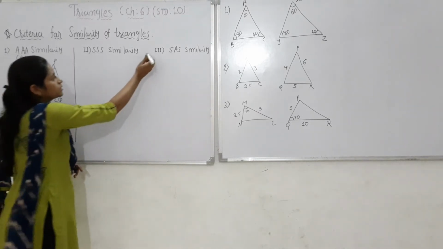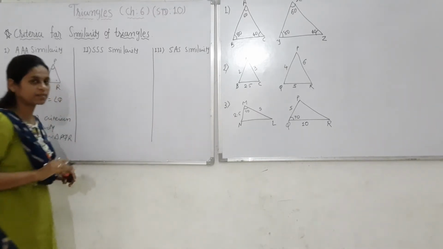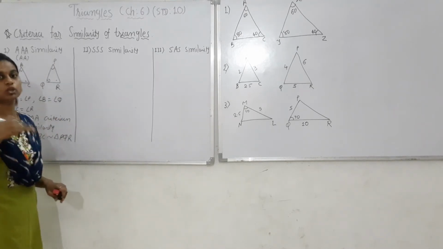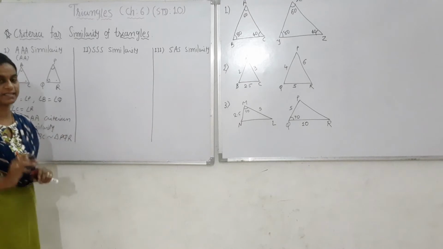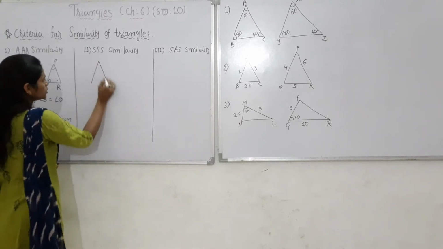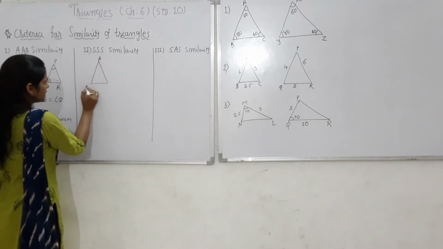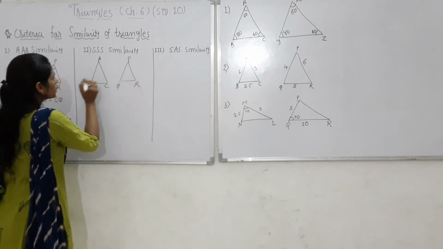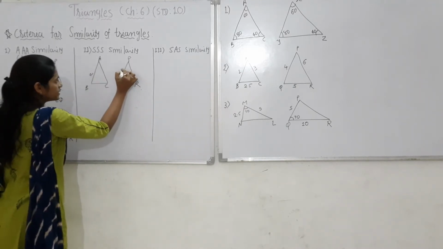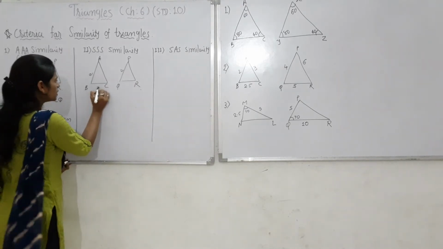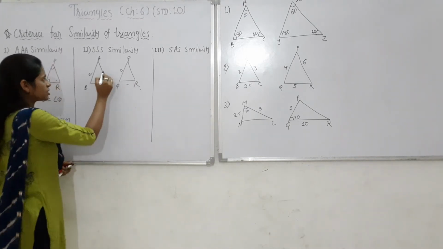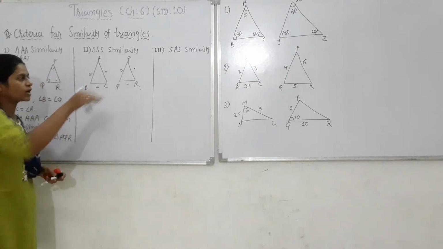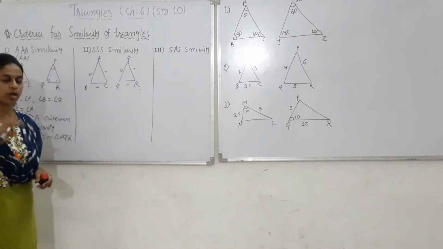In the same way, SSS similarity means you have no information about the angles, but you have information about the sides. You have two triangles ABC and PQR. The ratios of these corresponding sides are in proportion or equal.